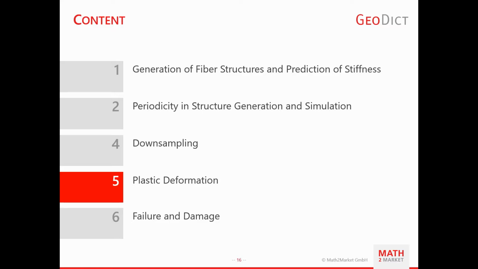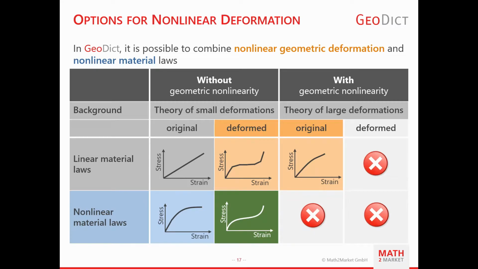Now I will give you some background information on how plastic deformations in Geodict work. In Geodict, there are two different approaches for the simulation of deformation available. The first one is what we call without geometric nonlinearity, and it follows the theory of small deformations.